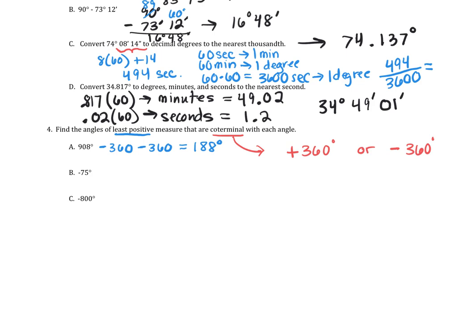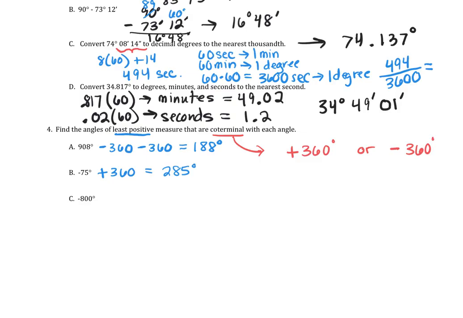If I've got negative 75 degrees, I need to go to the smallest positive, so I need to add 360. In this case, because 75 is negative, all I really need to do is add 360 one time, and that's going to give us 285 degrees. Always put your label.